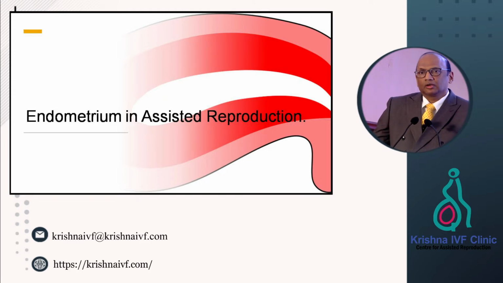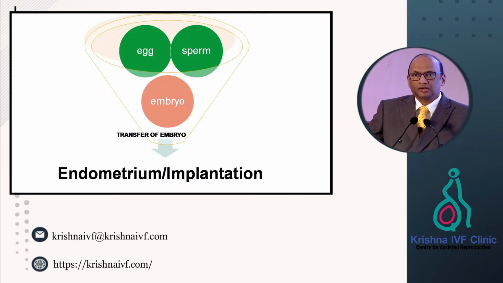When you look at the cause for assisted reproductive failure, it boils down to only three conditions: the sperm and the egg, and then you produce an embryo. Then the next thing is your transfer technique. The third is the endometrium or the receptivity. It boils down to only those three factors: how good is your embryo, how good is your transfer technique, and how receptive is your endometrium.